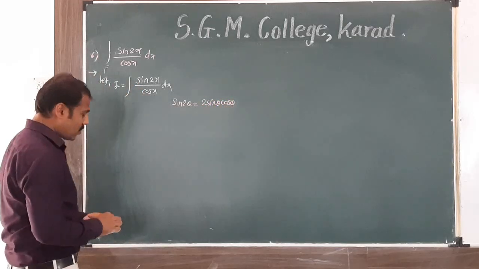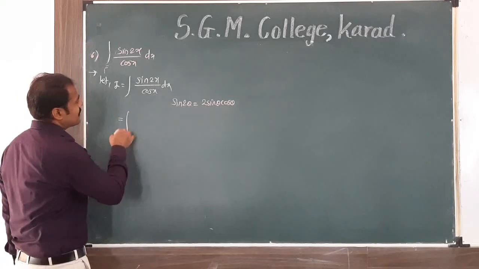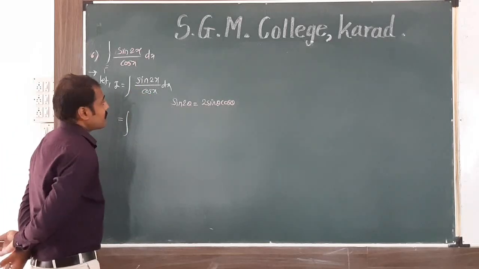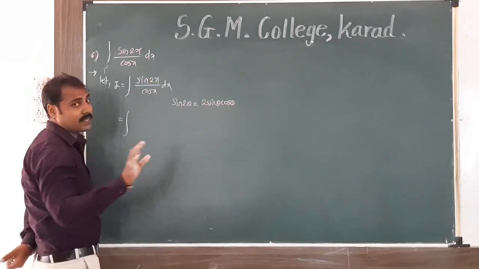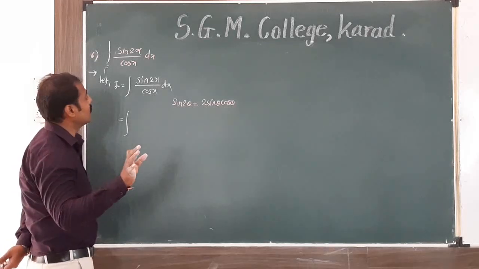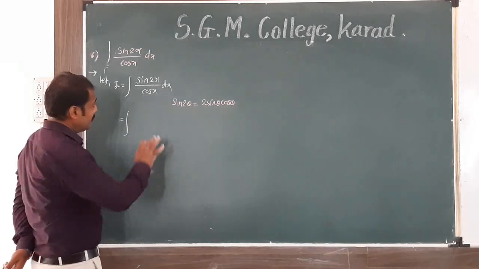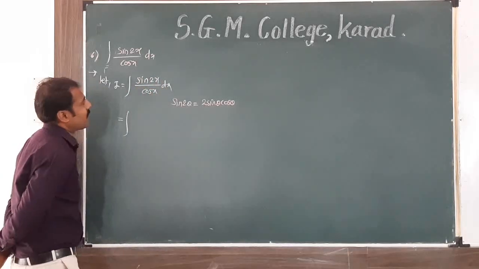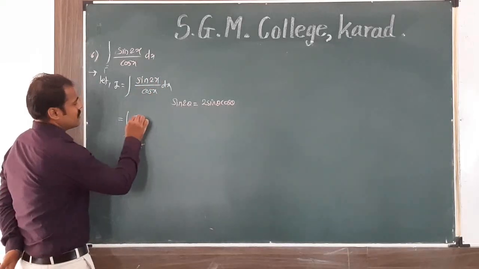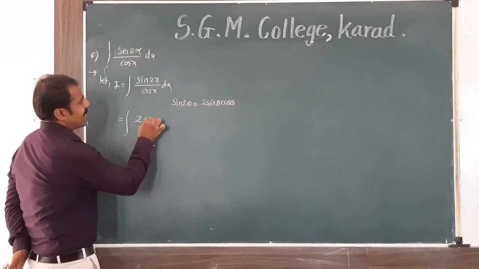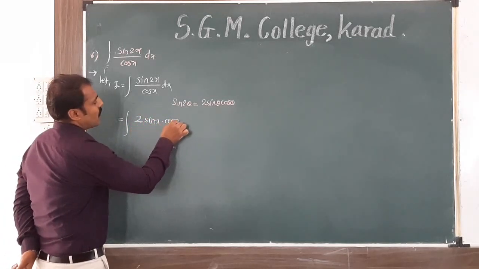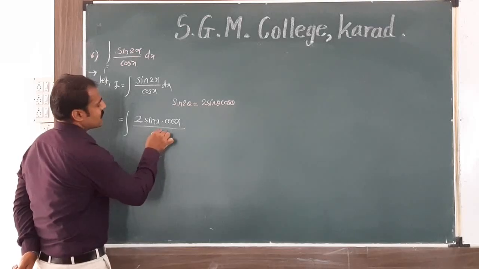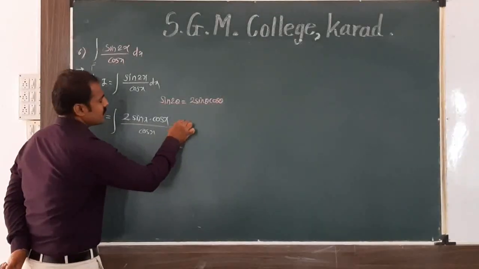So I am writing here instead of sin 2x. Remember, here is a quotient and there is no quotient rule in integration. So I can simplify using the formula. Sin 2x can be written as 2 sin x into cos x divided by cos x dx.